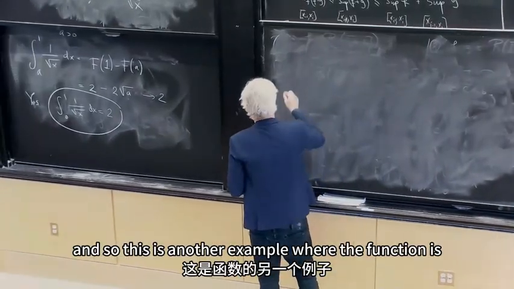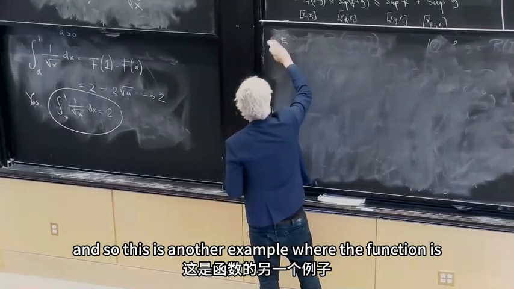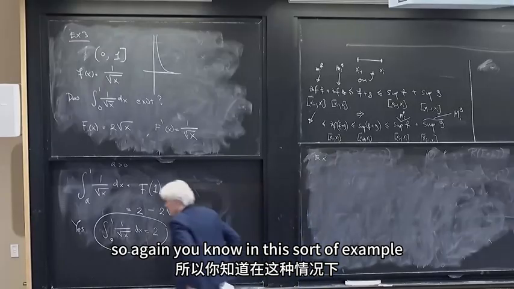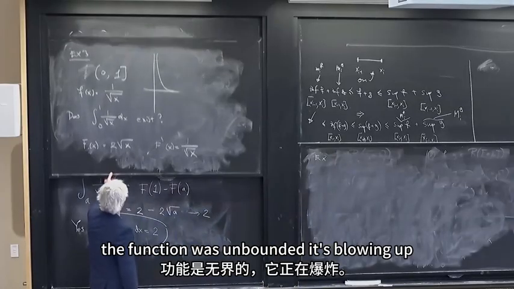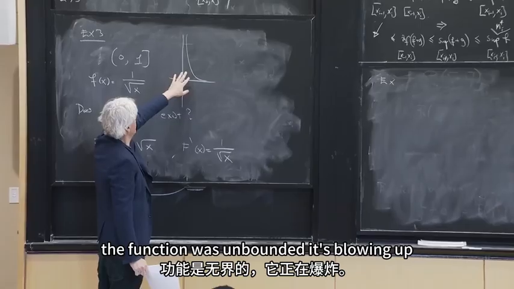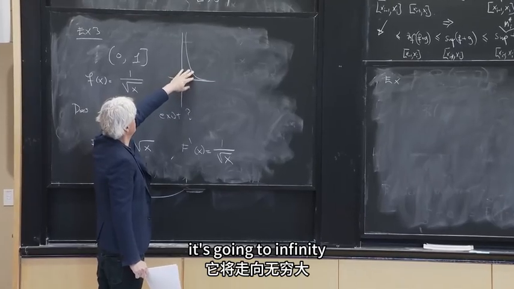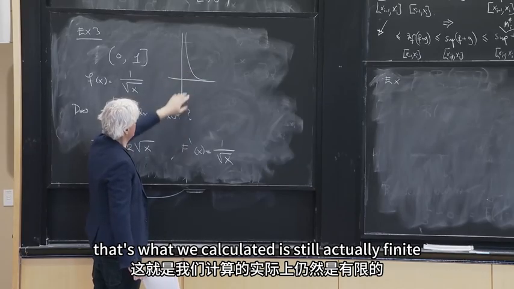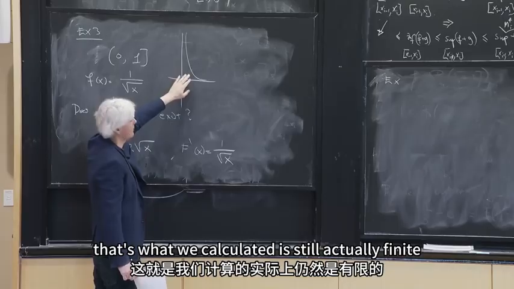So in this sort of example, the function was unbounded, it's blowing up, it's going to infinity, but the area below the graph, that's what we calculated, is still actually finite, right?